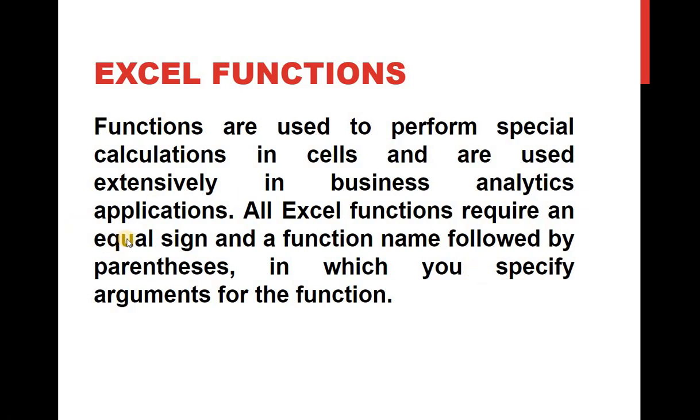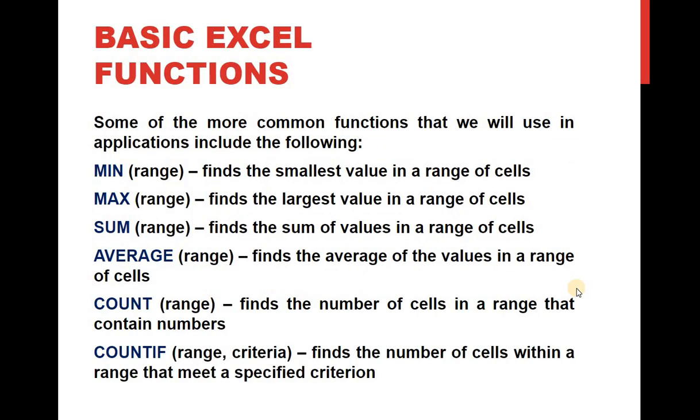So again, it starts with an equal sign and a function name followed by parentheses in which you specify arguments for the function. So for today, we will be covering this: minimum, maximum, sum, average, count, count A, and Countif.